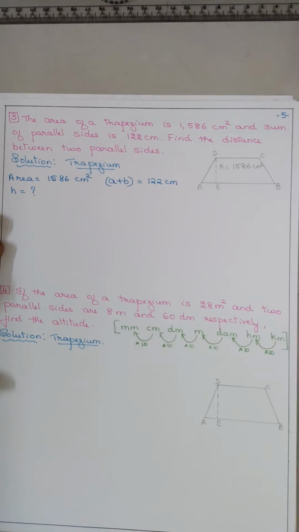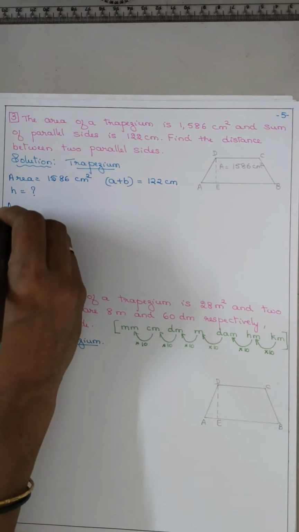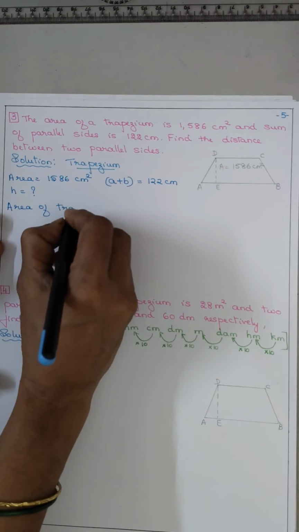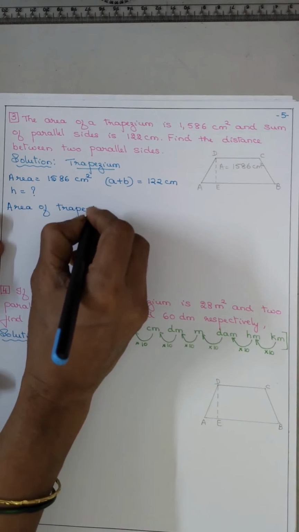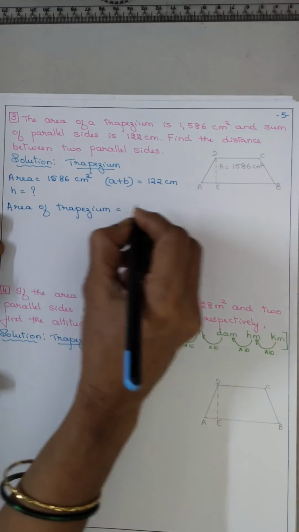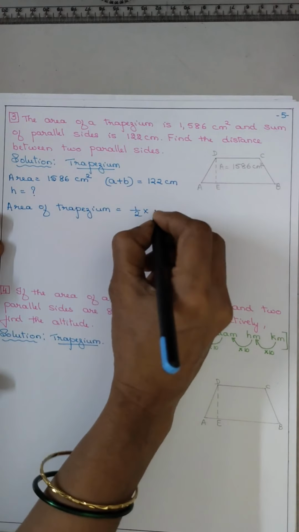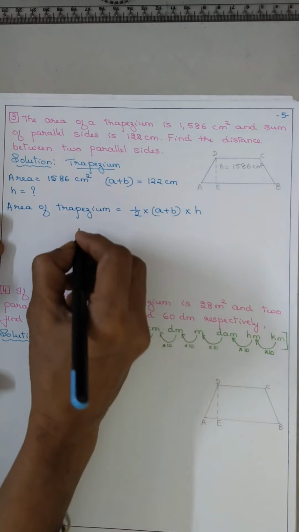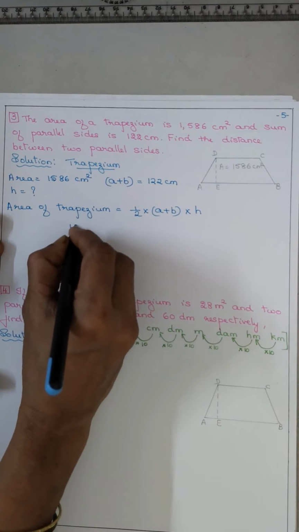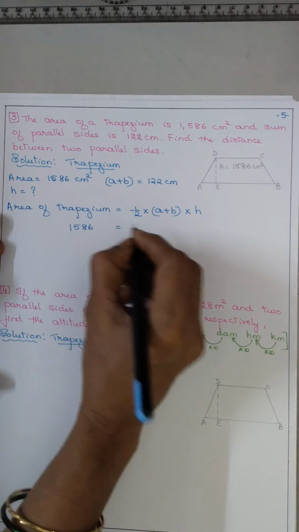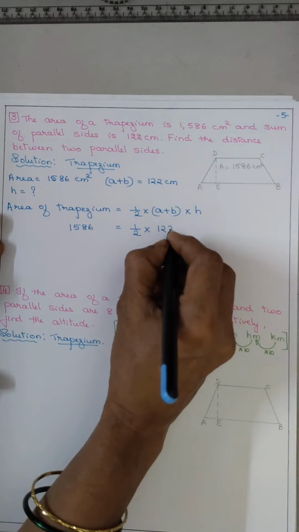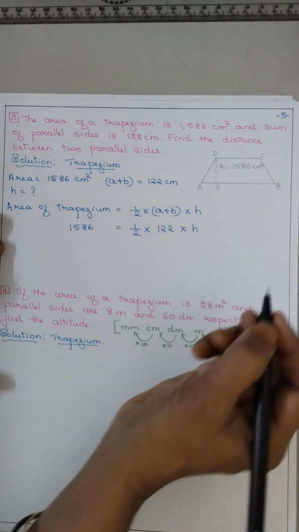Distance means height. Now, area of a trapezium, formula is what? Half into A plus B into height. Area is 1586 is equal to half into A plus B. Directly it is there into height.